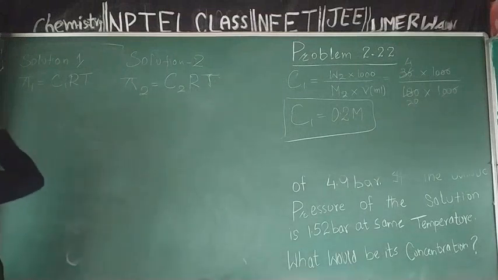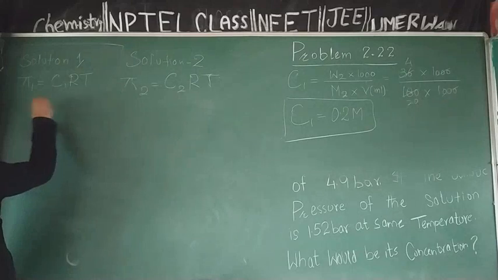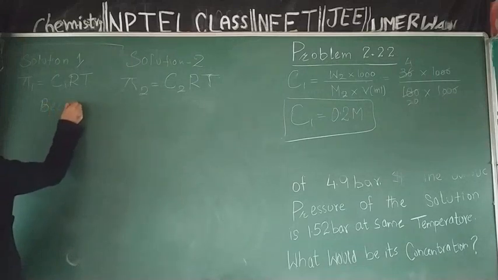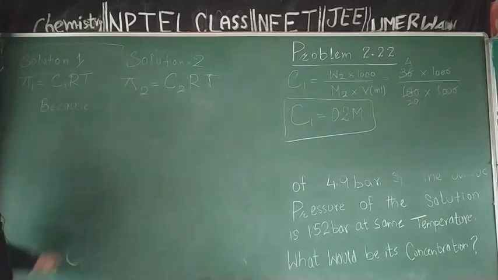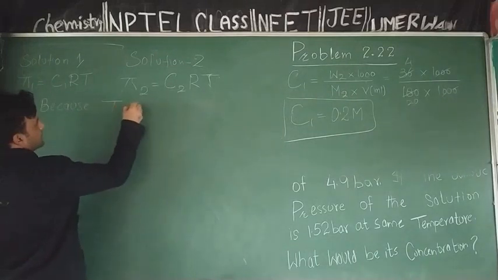Pi 1 is given because both solutions are at same temperature. R is same for both, T is same for both, because temperature is same.